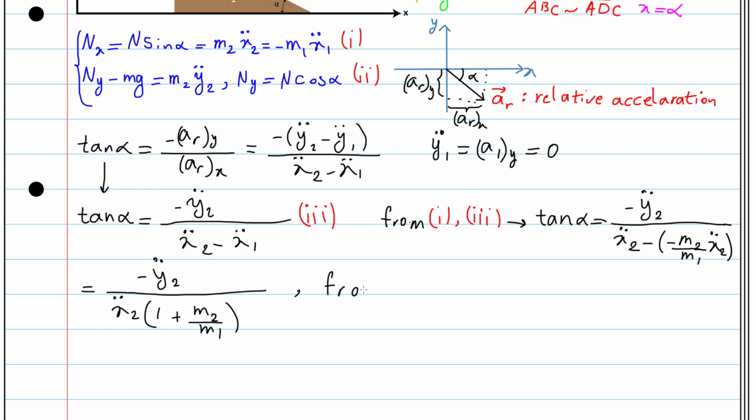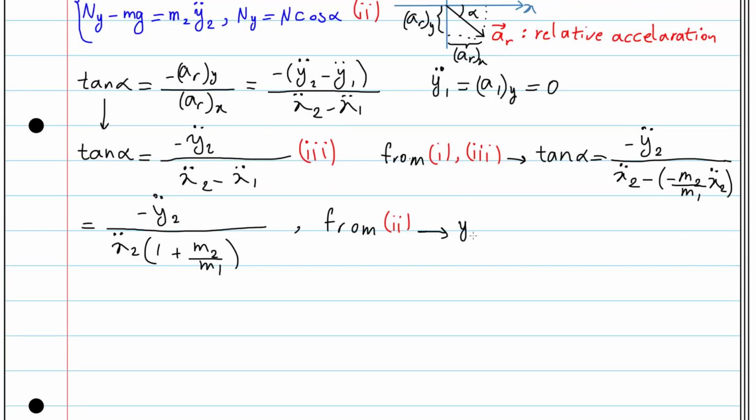Now from 2 we have y double dot 2 equals n cosine alpha minus m2 g, divided by m2, which simplifies to n cosine alpha over m2 minus g.